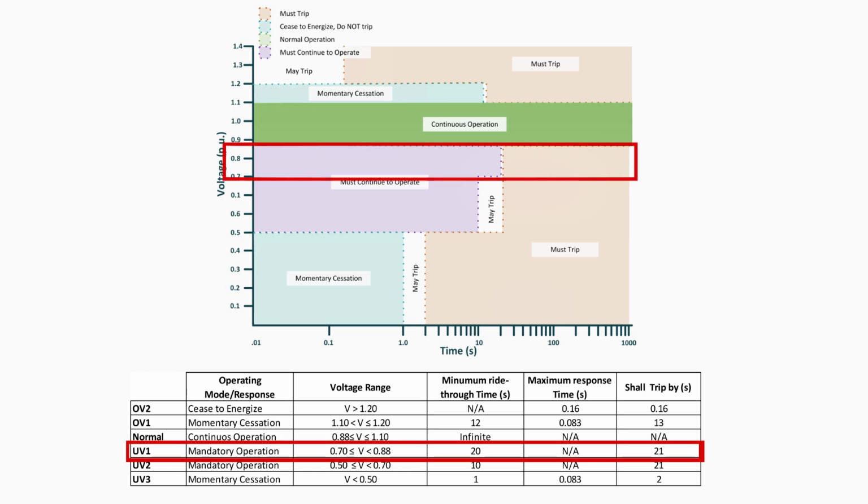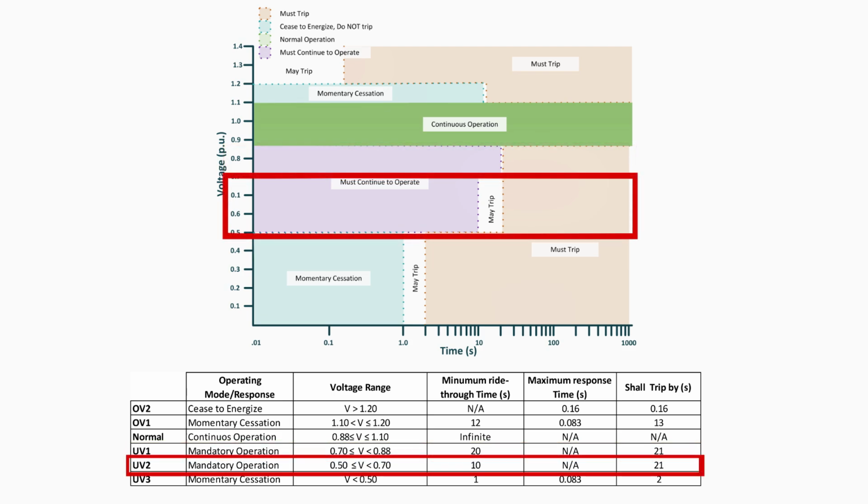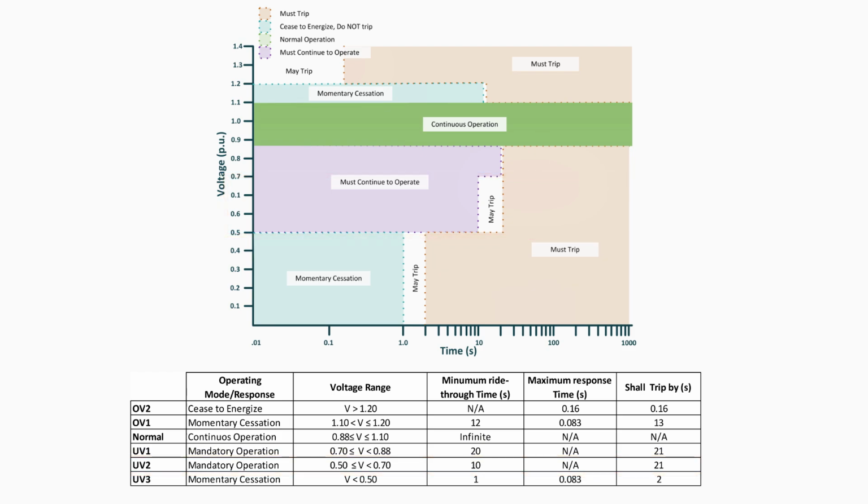Now let's take a look at when the voltage drops below nominal. From 0.88 to 0.7, the inverter must continue to operate as normal for at least 20 seconds. And then from 0.7 to 0.5, it must continue to operate for at least 10 seconds. Like I mentioned before, exporting power contributes to a higher grid voltage. So if the voltage is dropped, it makes sense that the utility would want the inverters to continue to run and help hold the voltage as high as it can to try to prevent a collapse.